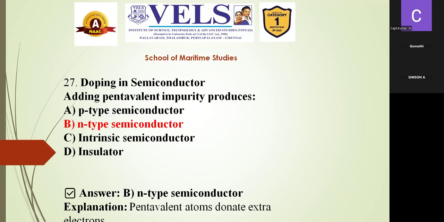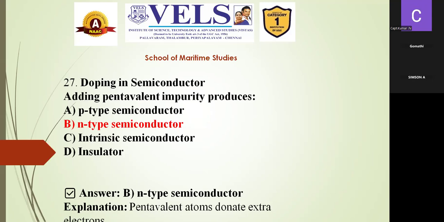Our next question is doping in semiconductor. What is doping? Doping means adding impurities to pure materials. For an N-type semiconductor, we can add a pentavalent impurity because it has 5 valence electrons.